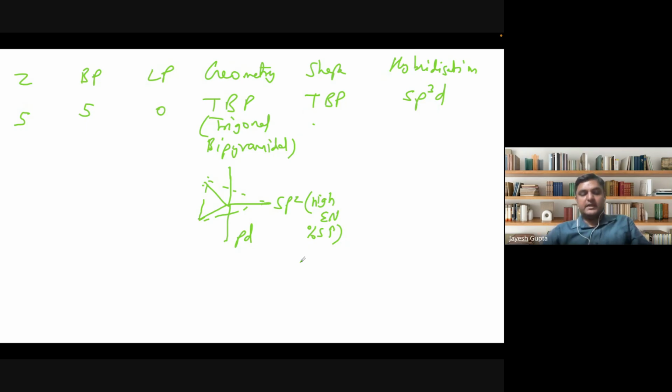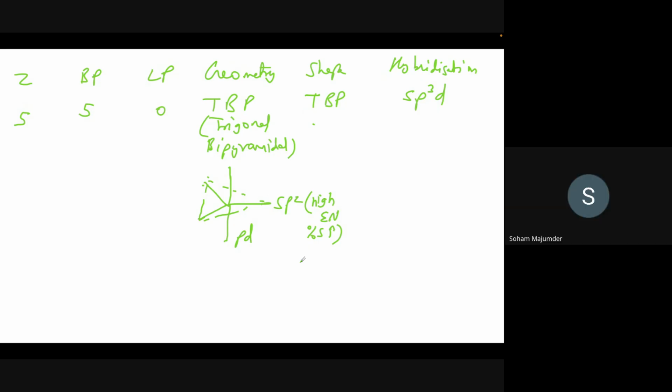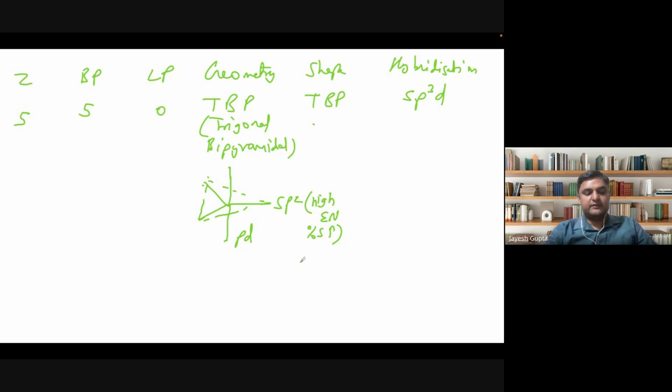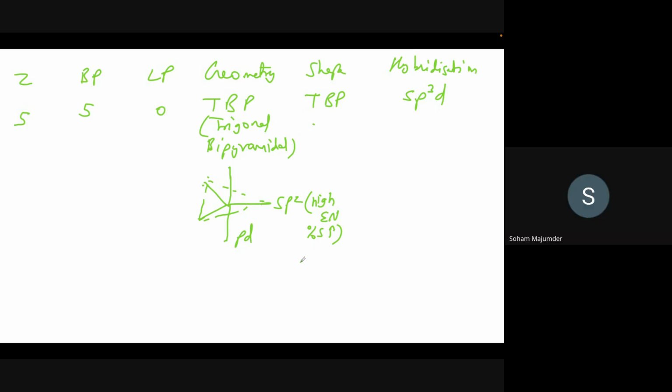Where EN is higher or where EN is lower? There are two positions. One is having high electronegativity, one is having low electronegativity. So where lone pair will go? Towards high. So at which position we are having high electronegativity? Equatorial. So lone pair will go at which position? Equatorial.